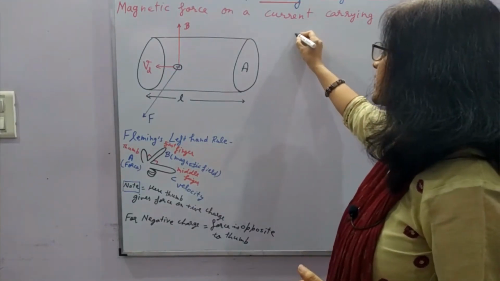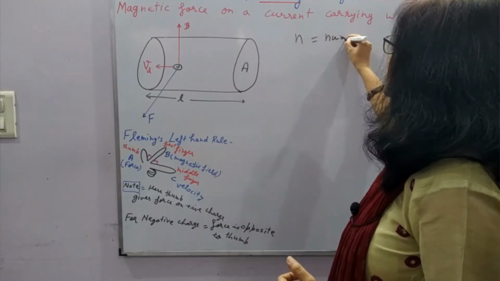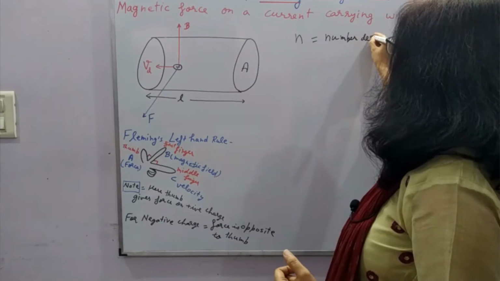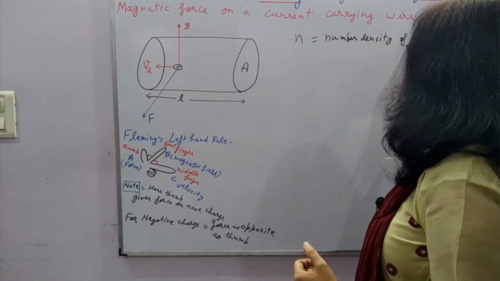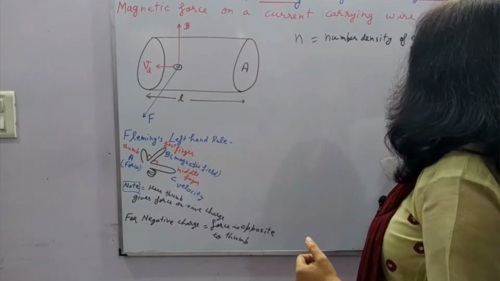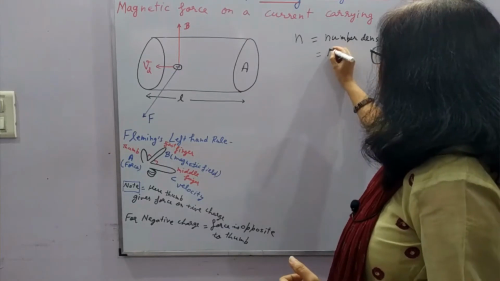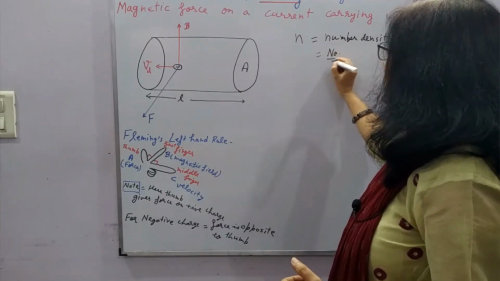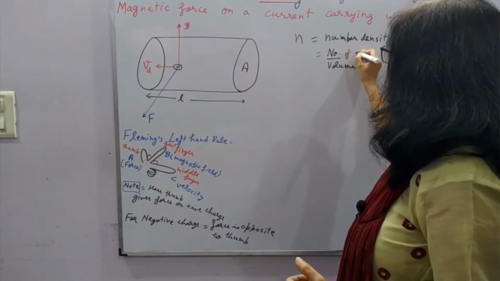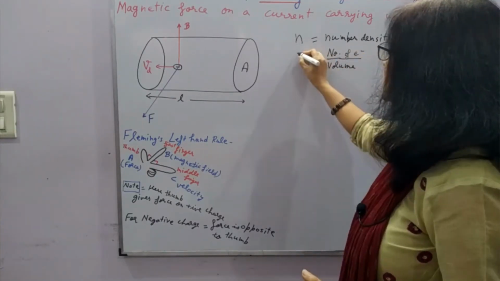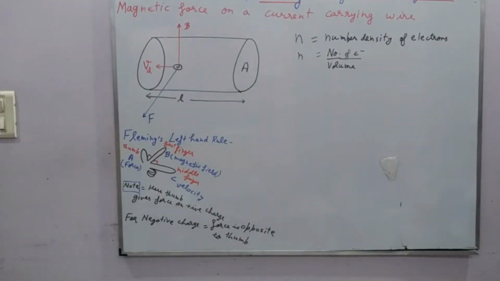So for that, let's consider small n is the number density of electrons. What does that mean? That means number of electrons per unit volume, right?